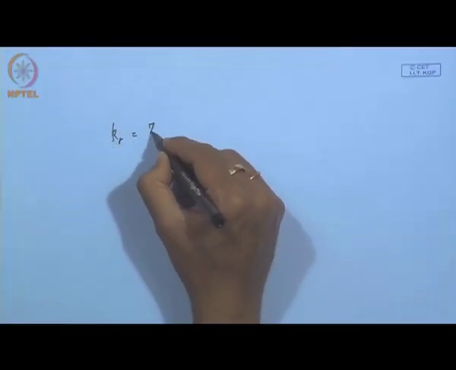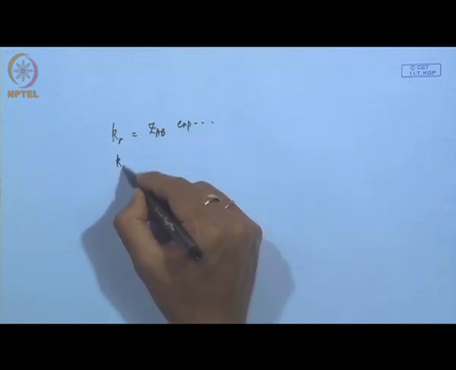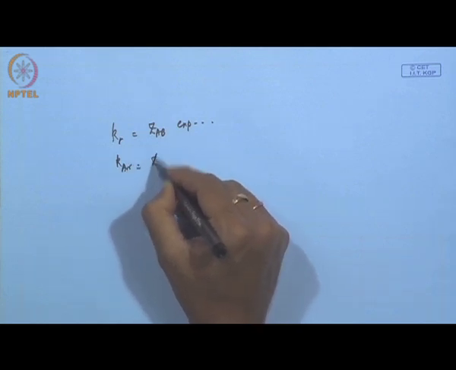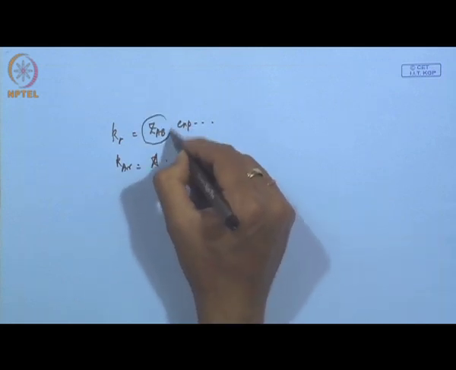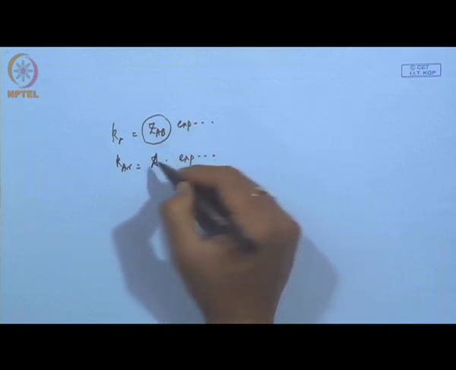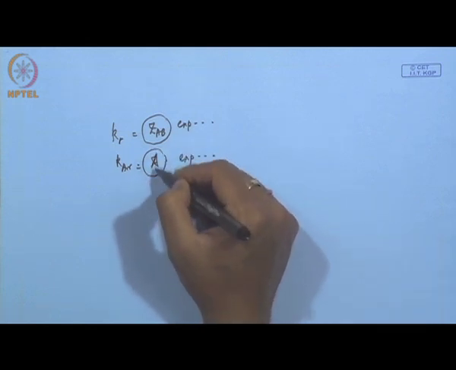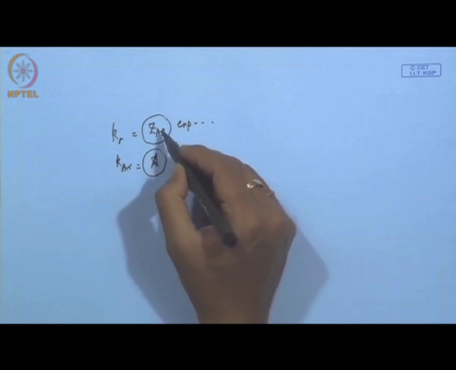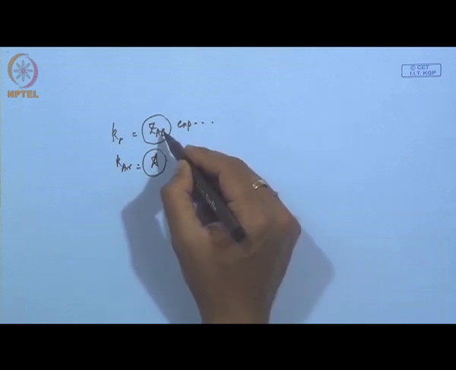Okay. Now, Kr is equal to small ZAB into exponential term, and your k from Arrhenius is A into exponential term. So, this one is your collision frequency, the total number of collisions per unit time per unit volume, and this is your frequency factor. Okay. So, it has got a good correlation. There is a pre-exponential term here, and here also a pre-exponential term, but in collision theory this is purely a collision term.